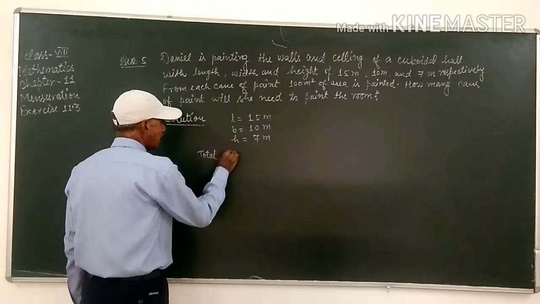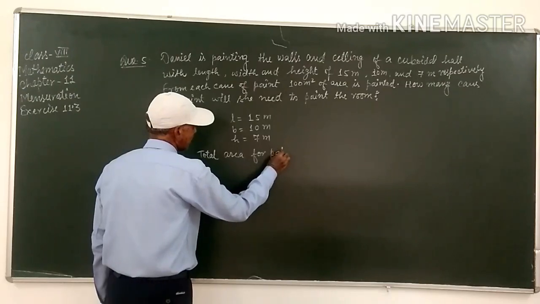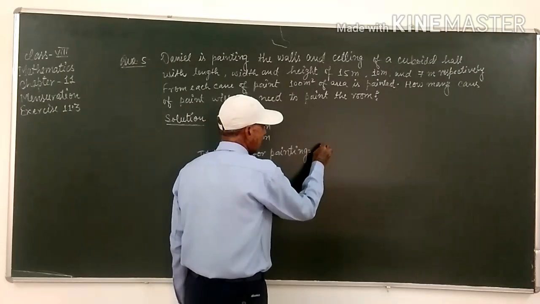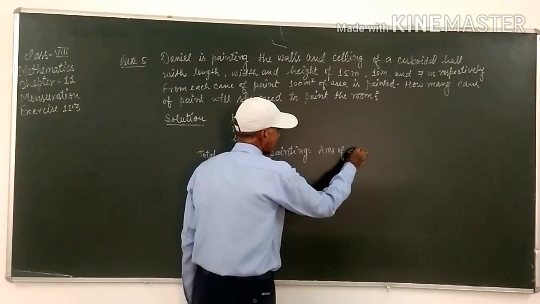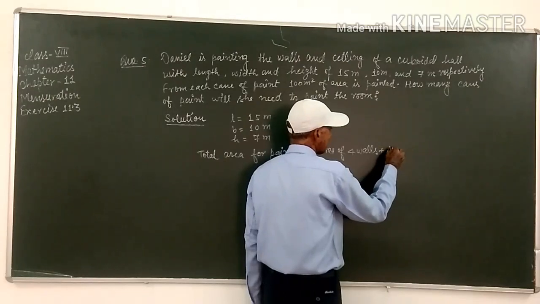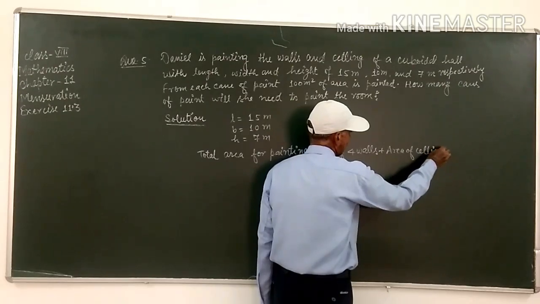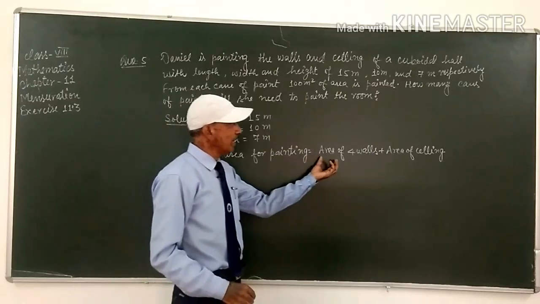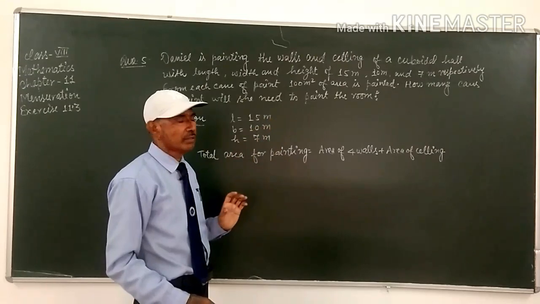Total area for painting is equal to area of 4 walls plus area of ceiling. In this, the area of 4 walls and the ceiling she has to paint.